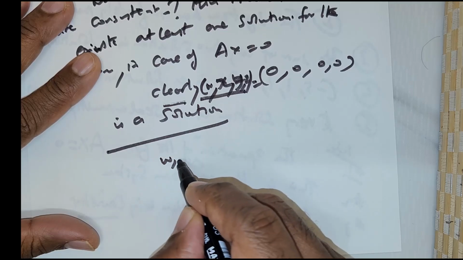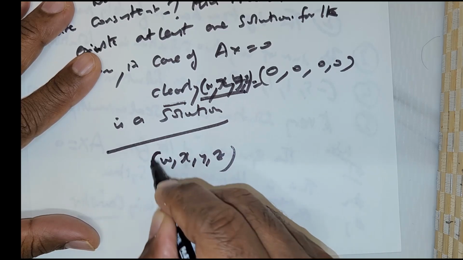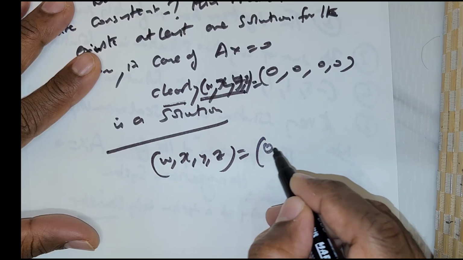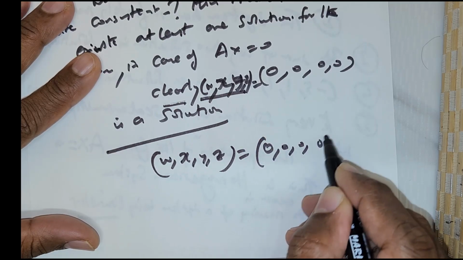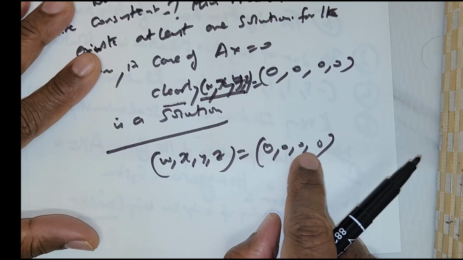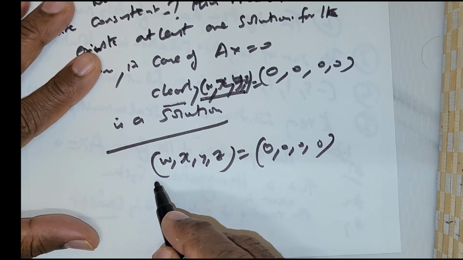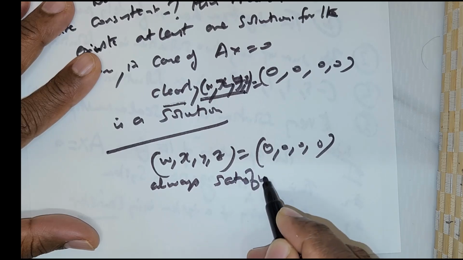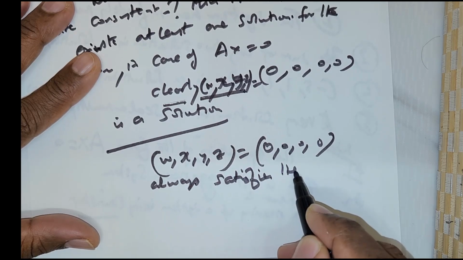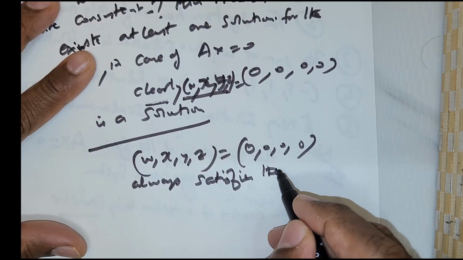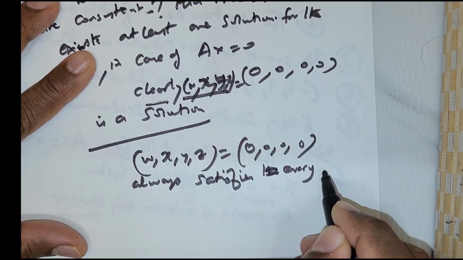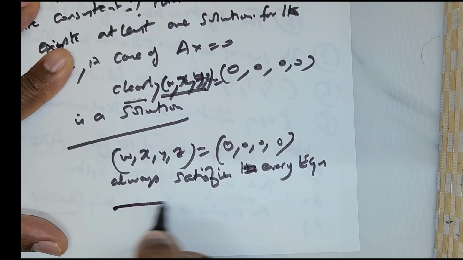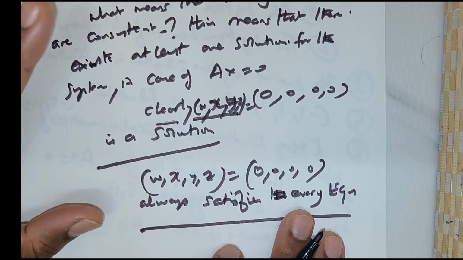This means you have w, x, y, z equal to 0, 0, 0, 0. It always satisfies every equation. That's the best word. Okay, so this is the explanation.